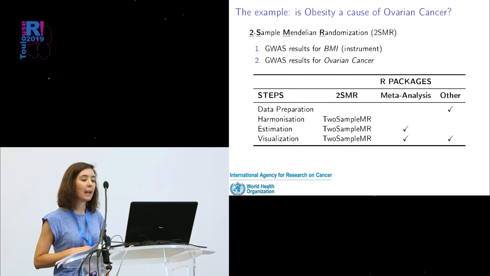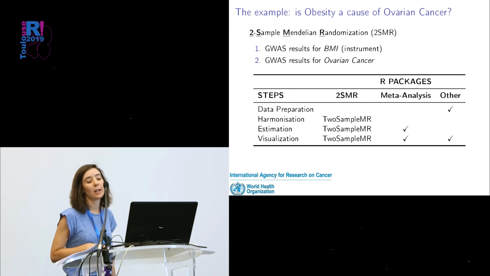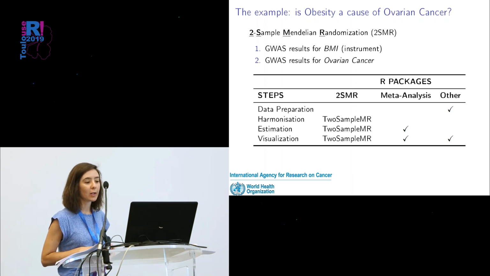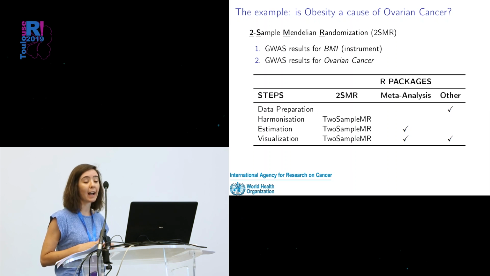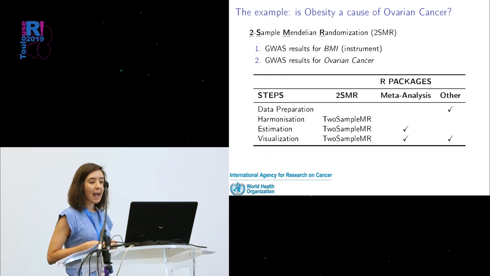But then if I want to answer the question, does obesity cause ovarian cancer? What I would do is a two-sample Mendelian randomization study. And then I will use a first GWAS for BMI to define the instruments, so the genetic variants that are associated with BMI, and a second GWAS for ovarian cancer.